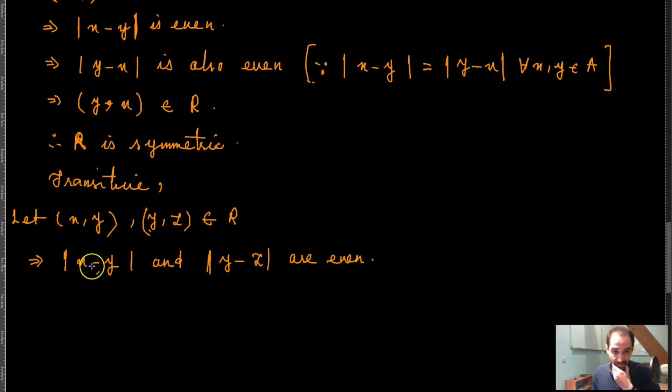So if the absolute value of x minus y and the absolute value of y minus z are even, there are probably at least two cases here.